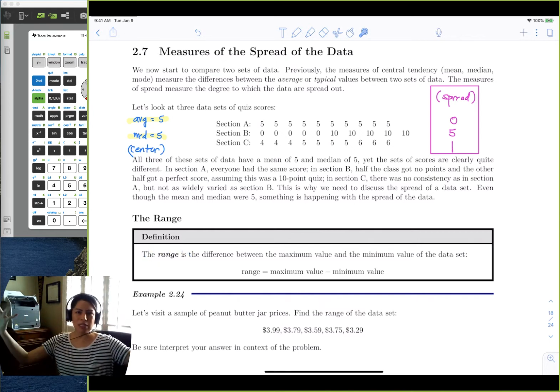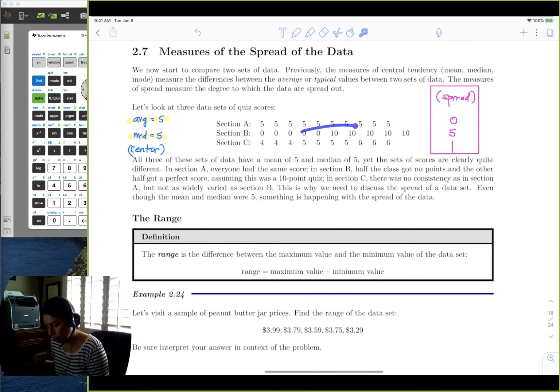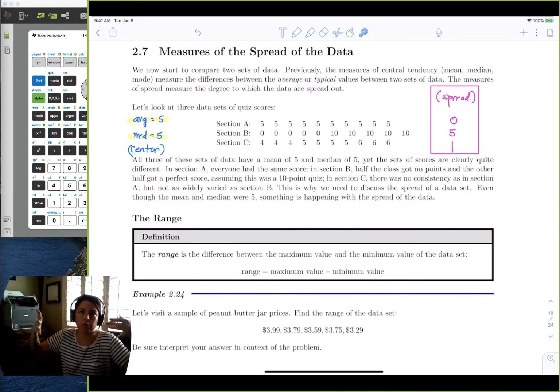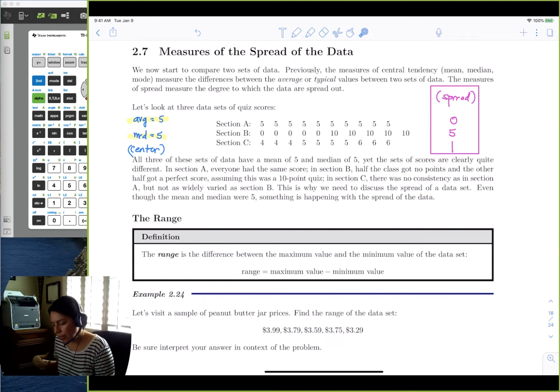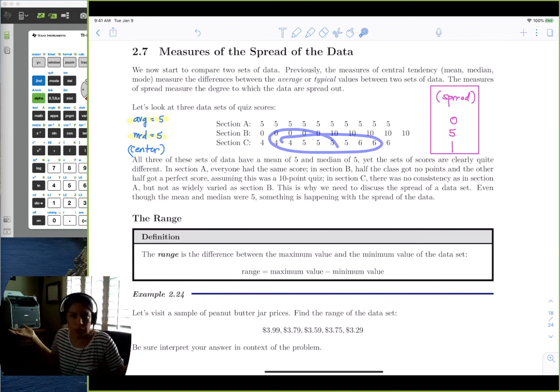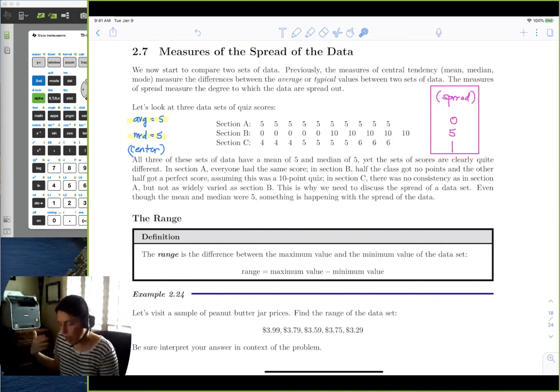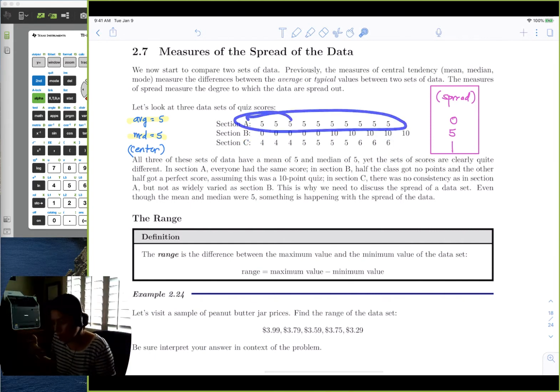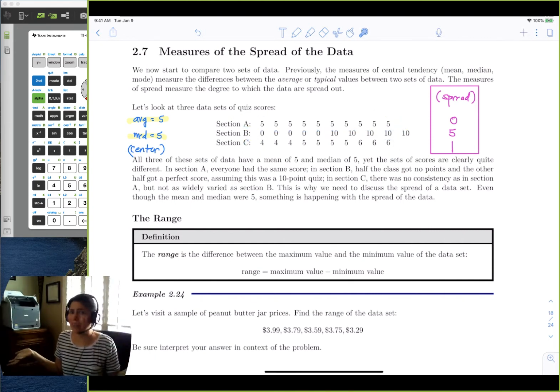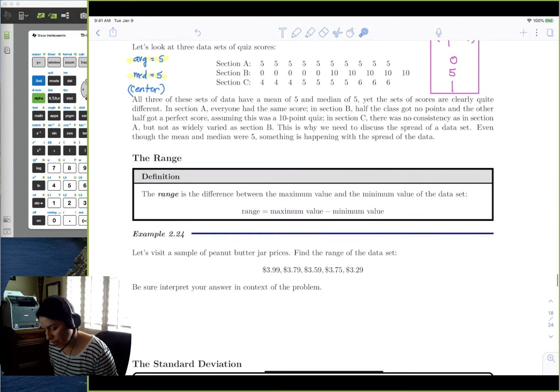Our data has a range of, in our case, 10 in section B. The range of points here in section C was 2, because the highest score was 6 and the lowest score was 4. In section A, you're like, well, there wasn't any spread because everyone got the same score, and I'm like, exactly. So the range was 0.